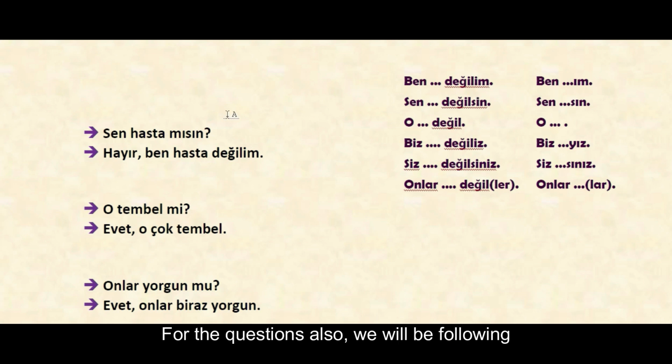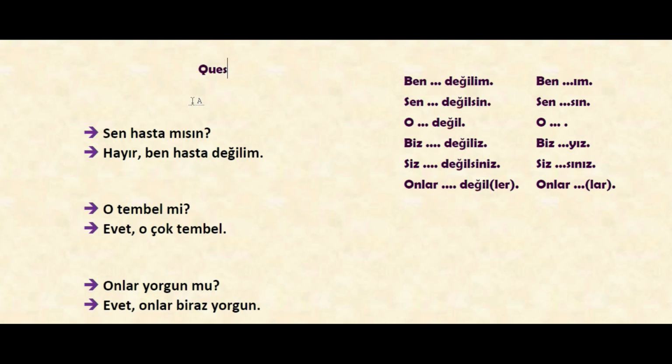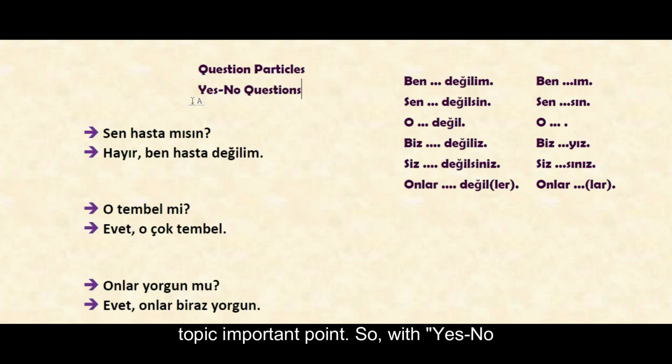For the questions also we'll be following the similar logic, and firstly we should know that we need to use particles for questions in Turkish. So we should use the question particles. These are used when you ask yes no questions in Turkish. So this is another important topic, important point.